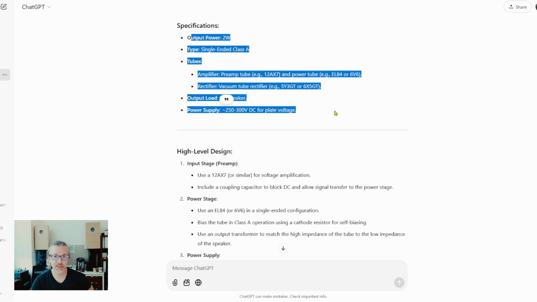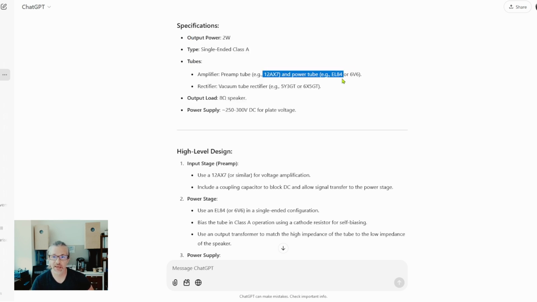And so far this sounds alright, and there are no big flaws in it. But I would say a 12AX7 with an EL84, that's not a match I would do. The 12AX7 is a little bit too much gain for an EL84, but for a 6V6 it's a better match.